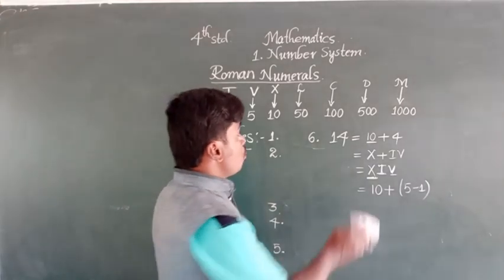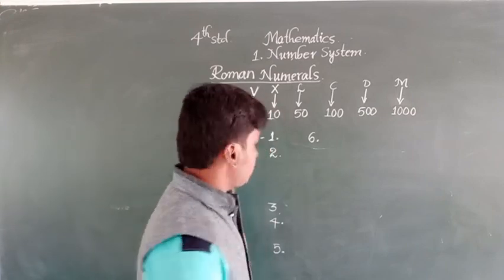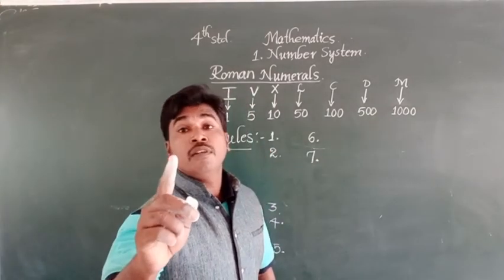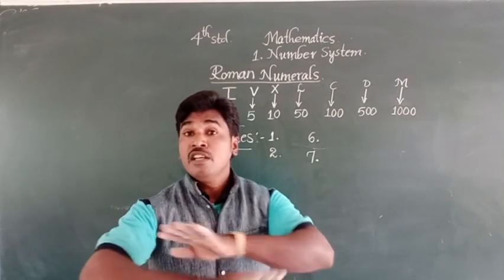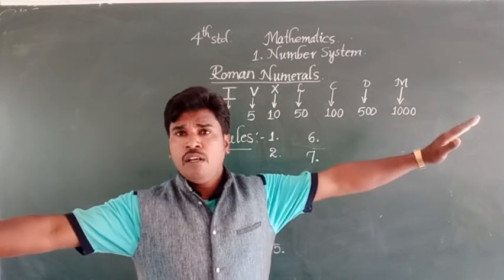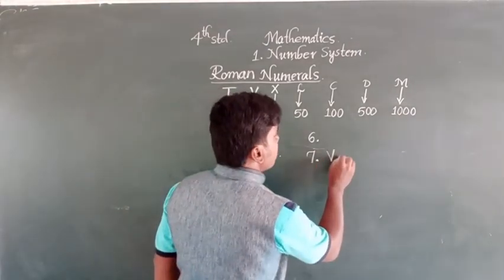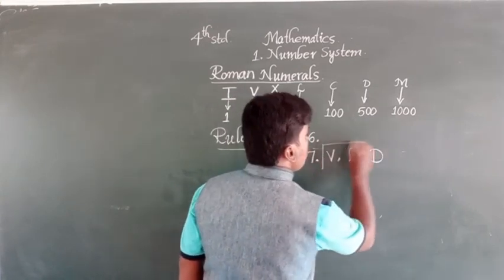The seventh rule is that some Roman letters you should not repeat at all. Which are those letters? V, L and D should not be repeated.